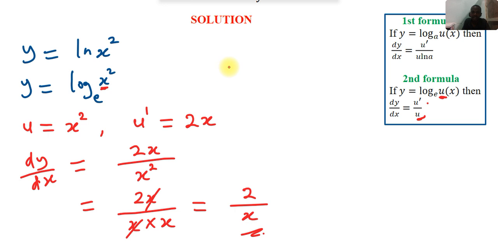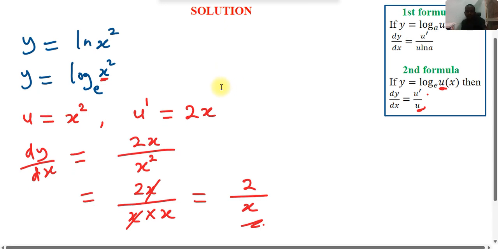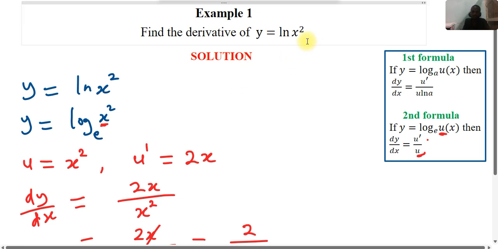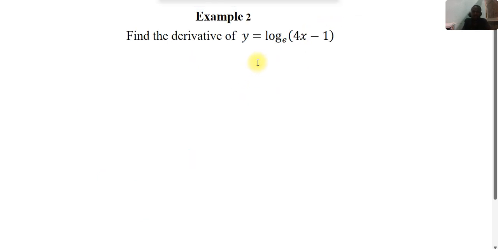So I think we can consider another question now. Okay, so let's take another question. The second question says you find the derivative of y equals log 4x minus 1 base e.